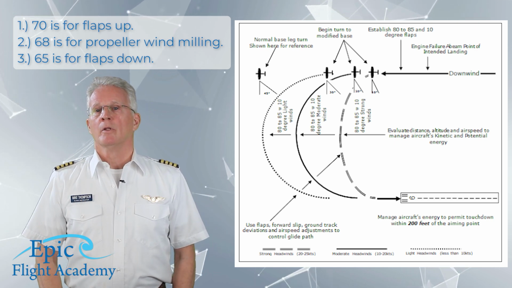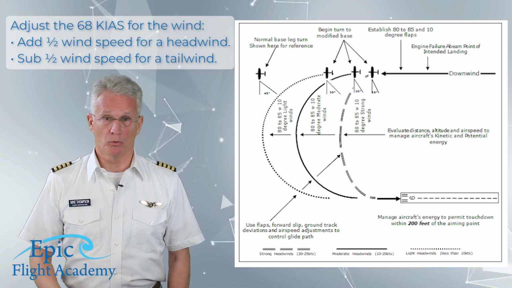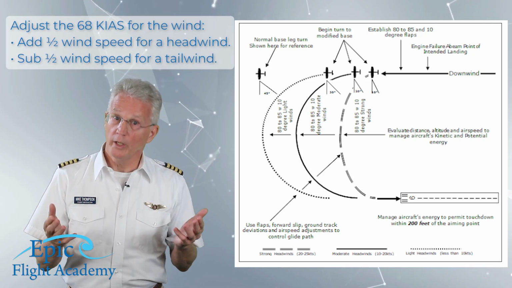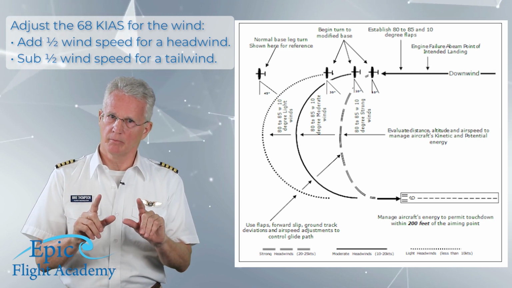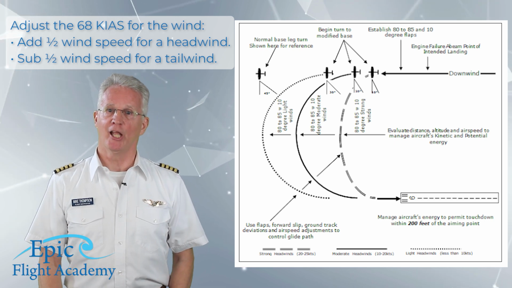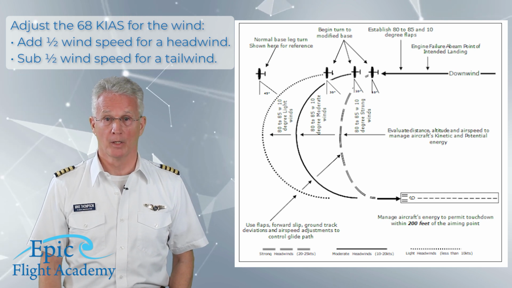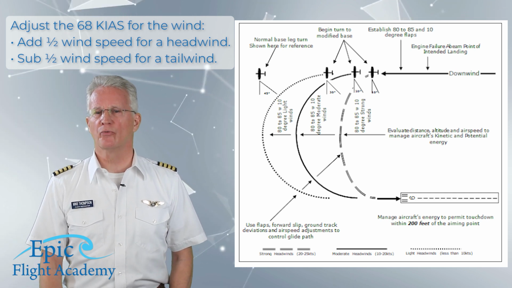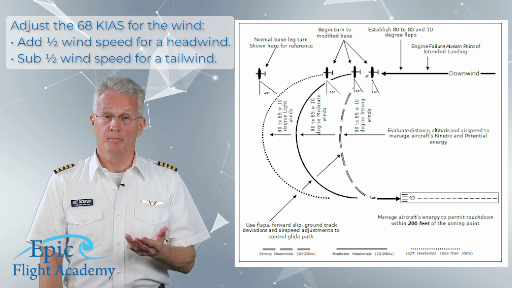So let's say that your propeller is windmilling, which will most likely be the case, and certainly will be the case in our simulated engine out with the engine at idle power. Now, adjust the 68 knots for the wind.